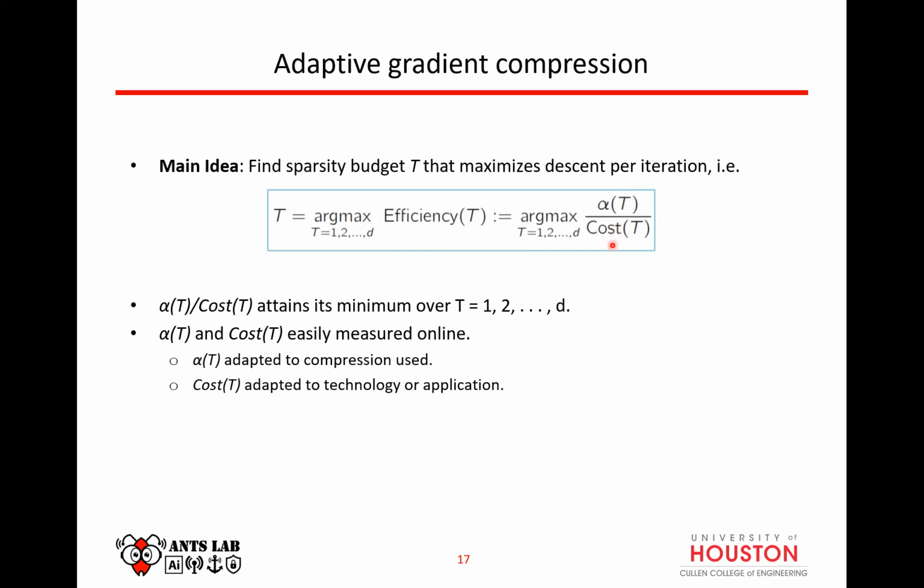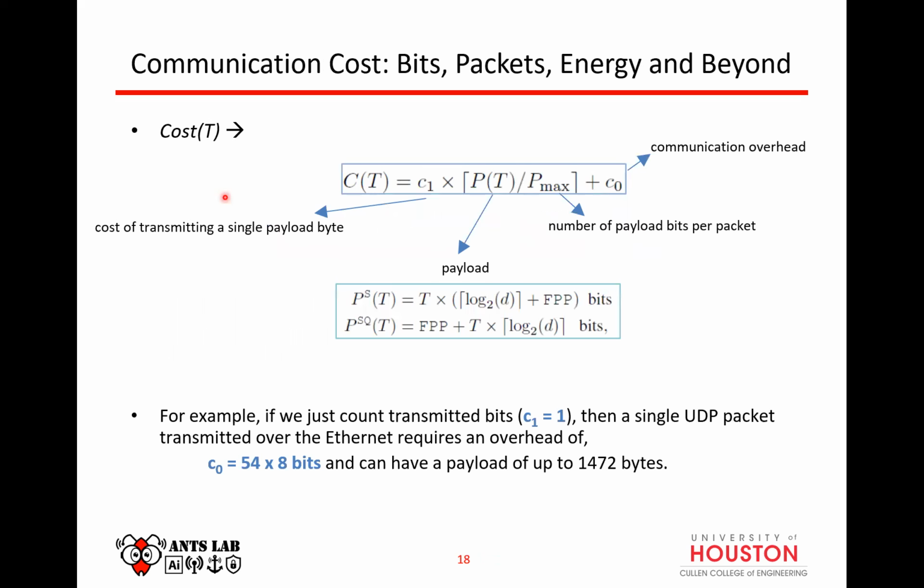This cost is nothing but something you adapt to the technology or application that you use. So this cost is defined in this way. Let's say C of T is the cost. What they consider is that for every packet of information that you send, you have the payload and you have the communication overhead.